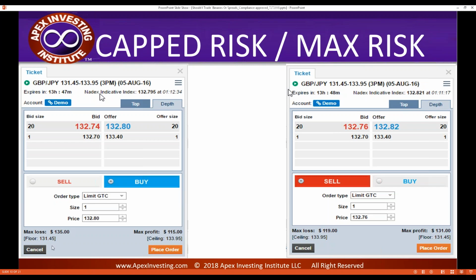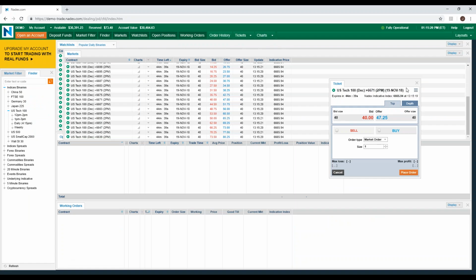Now, something we have to make sure to clarify here is there's a very big difference. If I'm looking at a binary and it says max loss, whatever this max loss number is, at expiration this binary is worth 0 or 100, meaning I could lose that $55 right there just based on one tick or 1/10 of a tick, right?